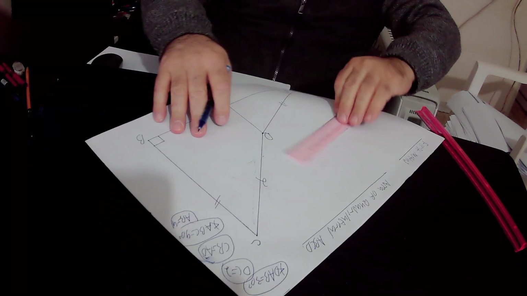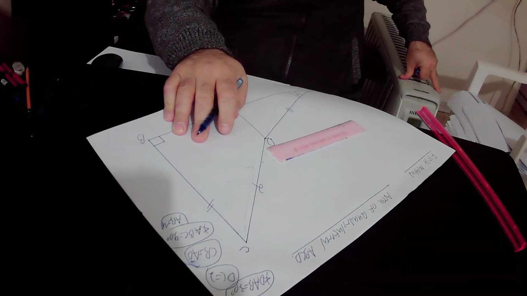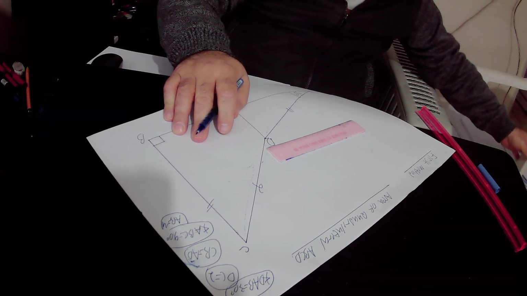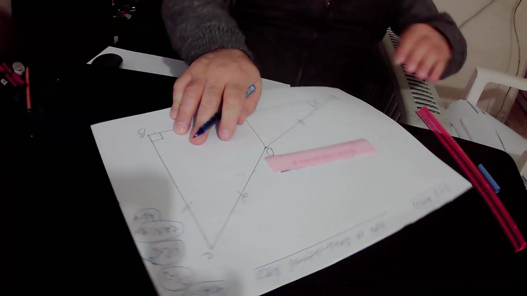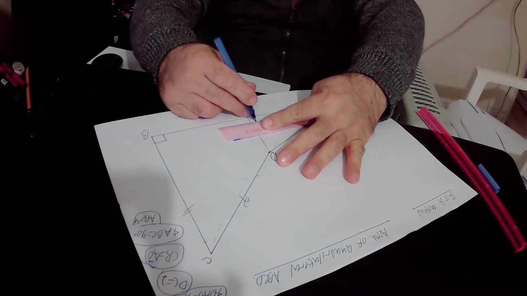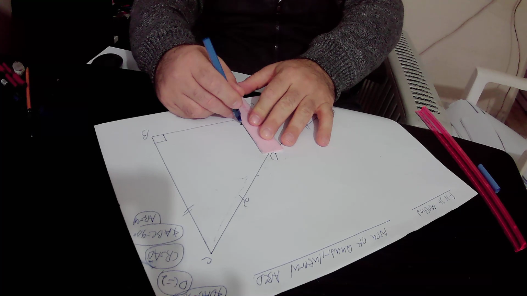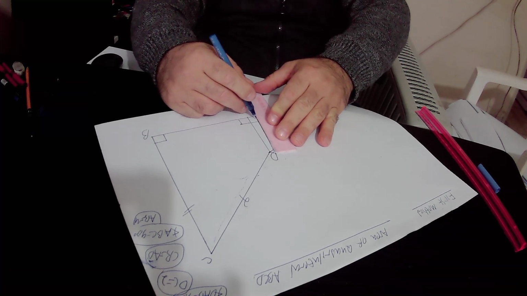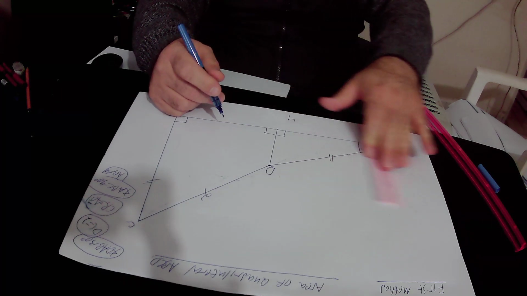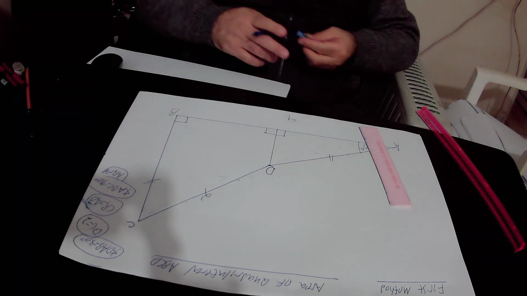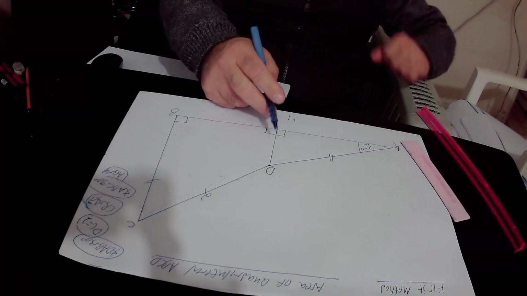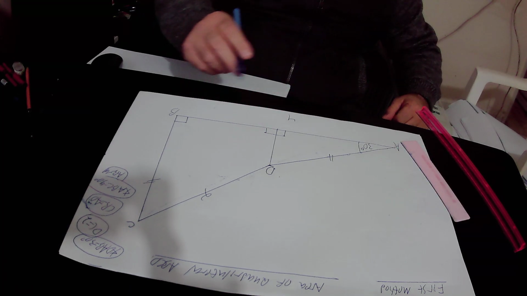So this angle will be equal to 90 degrees, and this angle will also be equal to 90 degrees. We will define the touching point between the perpendicular from point D to AB as point E.